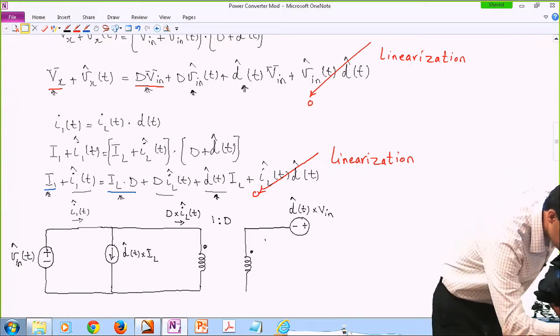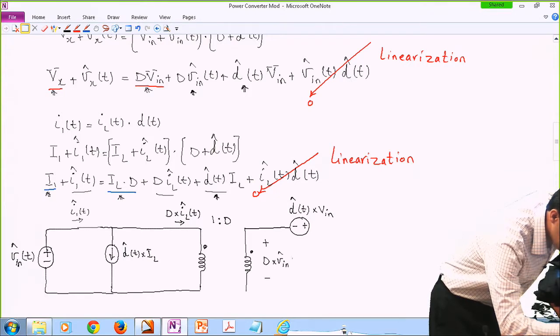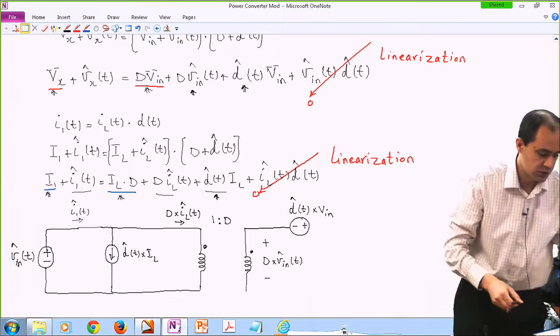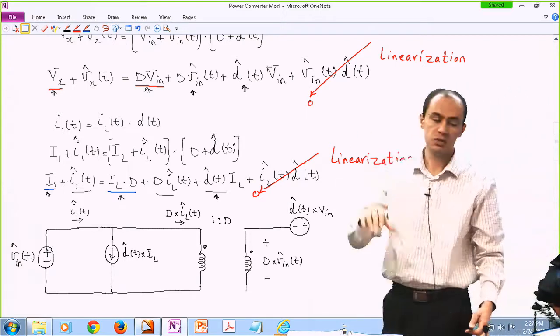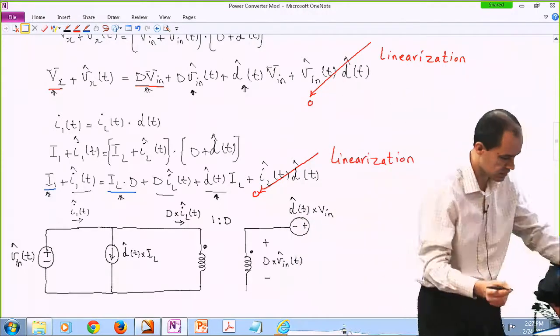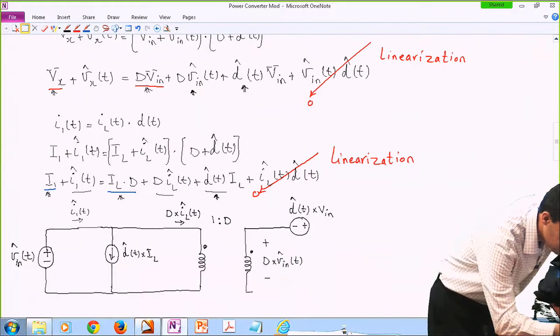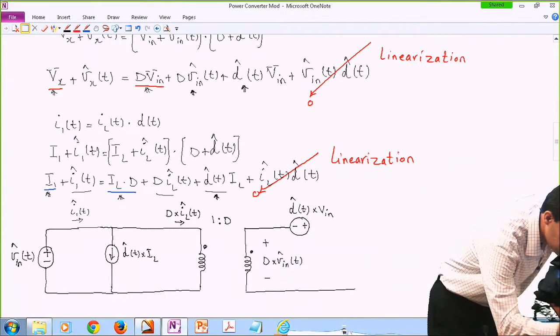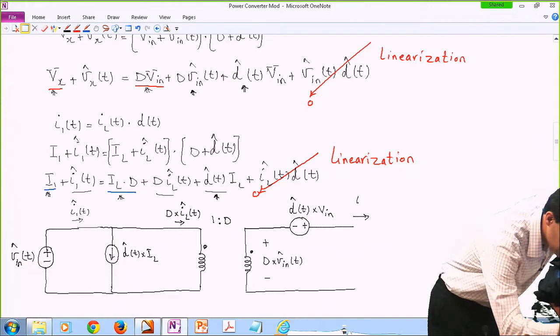And this voltage over here is already D times the input perturbation. This is because on the input side of the transformer, I'm on the primary side. I'm putting the input perturbations to the primary side, so it multiplies by D and appears on the secondary side. So that part is not a surprise. So I took care of these two terms. And then you've got to draw the rest. So this gives you perturbations in the inductor current. And then you can draw the rest of the system.